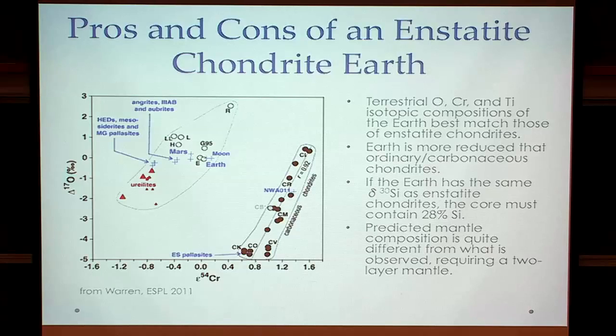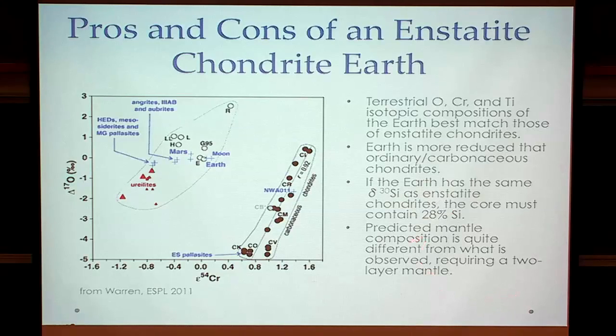On the other hand, if the bulk Earth has a silicon isotopic composition of Enstatite chondrites, we would have to put something like 28% silicon in the core, which is outside the geophysical constraints on density. So the model fails in that sense.